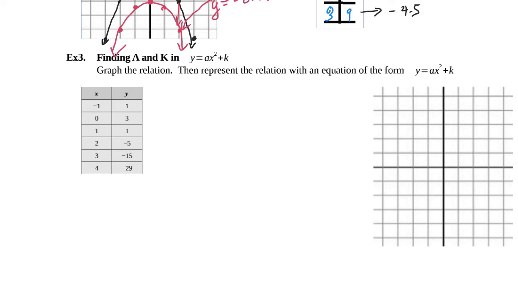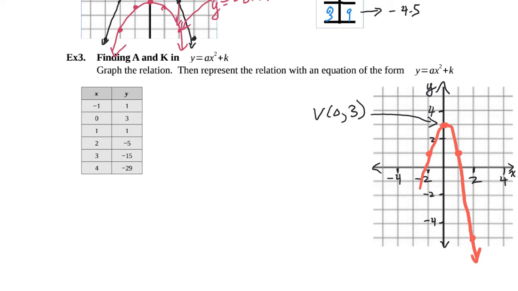What we need to do is make sure that we graph all the points. So now plotting our points, we have something that looks like this. So based on this, we're going to get a graph that looks like this. And you'll notice that the vertex is at (0, 3). Now, I told you that with our basic equations, that 3 is very important.